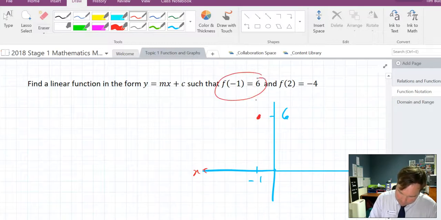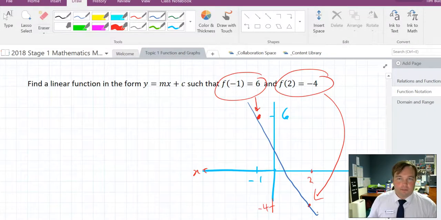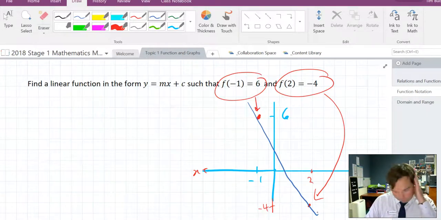That is describing that point there, the point minus 1, 6. f of 2 is minus 4 is describing that point there. And what this is really asking is for us to find the equation of the line between those 2 points. Alright. So, in function notation it looks scary, but essentially it's reduced itself to what's now a Year 9 problem.